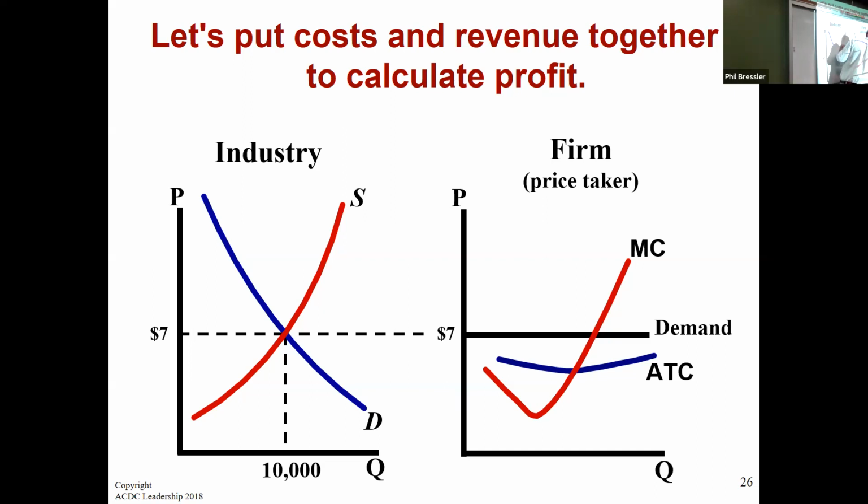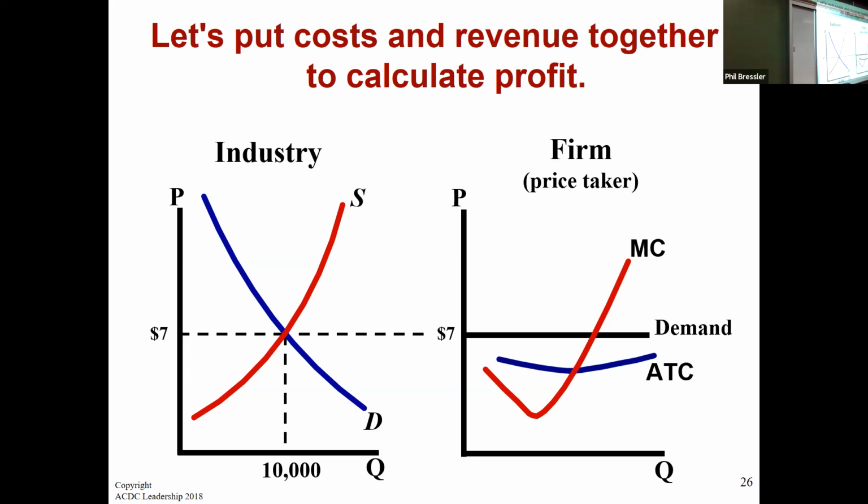Well, that has to be less than 10. I'll call it 6. 6 times 10. So my cost is 60, my revenue is 70. I am making money. So graphically, anytime the ATC is below the price, we are making money. Drop the ATC and you're making money.